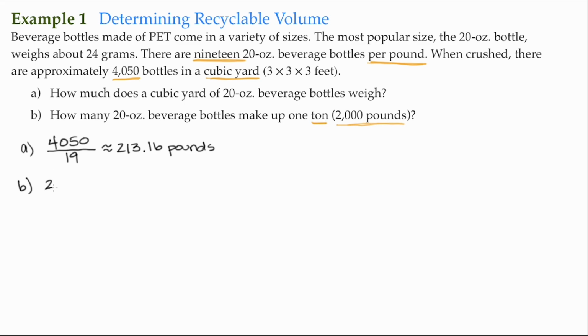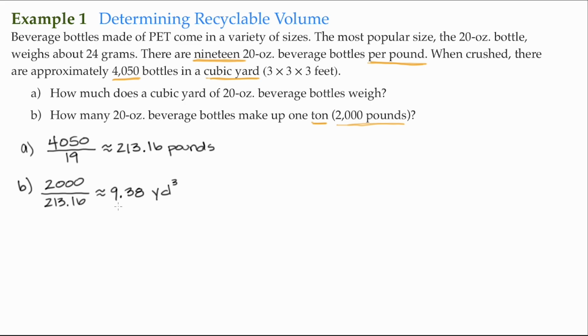So we could take the 2,000 and divide that by 213.16. 2,000 divided by 213.16 is around 9.38, and I'm going to write it like this, cubic yards.